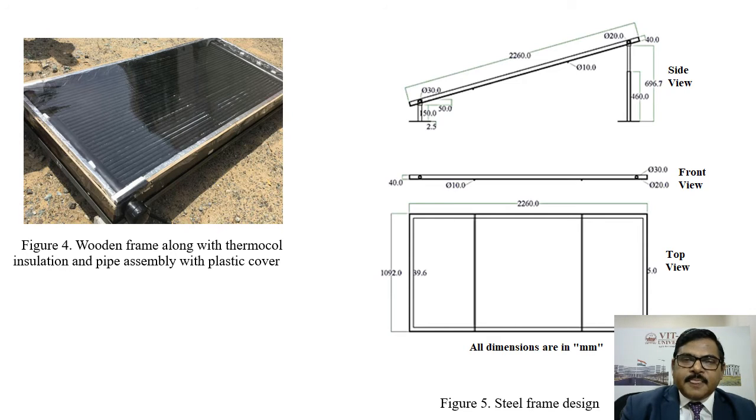You can also see the inclination required for the pipe in this figure. We kept the top cover for various reasons, and we tested the solar plastic air heater with top cover and without top cover.